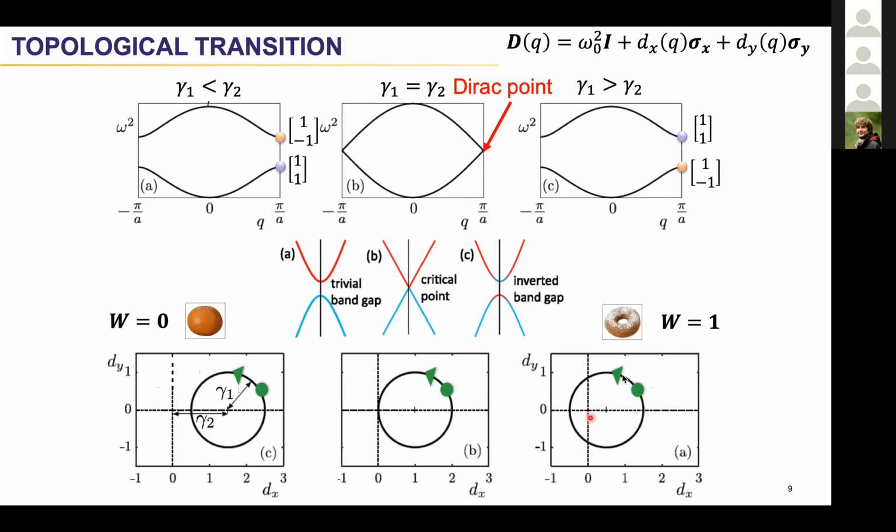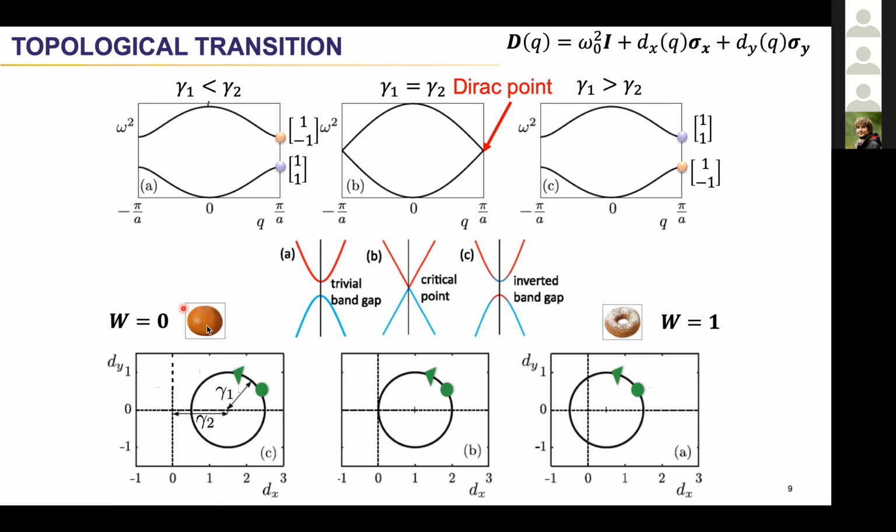So we can calculate a winding number, which basically counts the number of times the loop encircles the origin. As you can see, in this case we will have a winding number of 1. That's why this configuration is non-trivial, whereas this configuration has winding number 0 and is a trivial configuration.